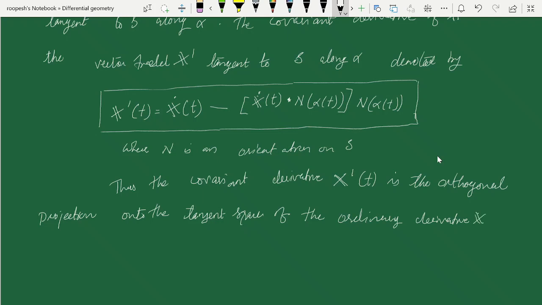What is that? x dot of t. So x dash of t is the orthogonal projection onto the tangent space of the ordinary derivative x dot of t.